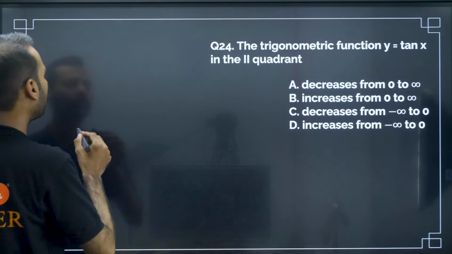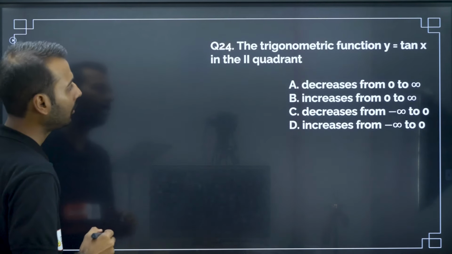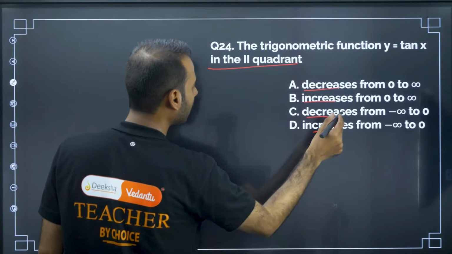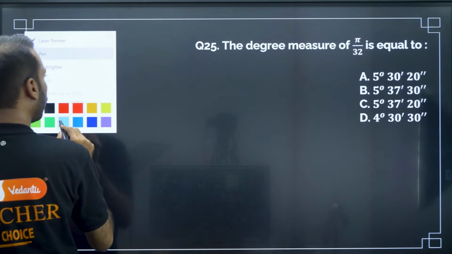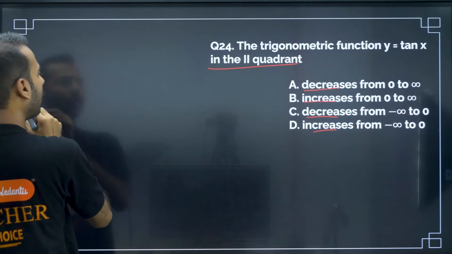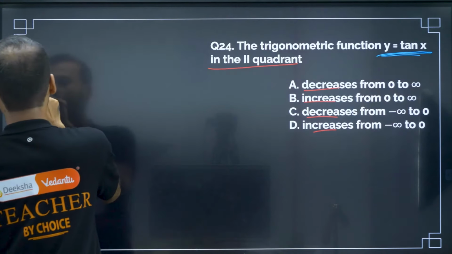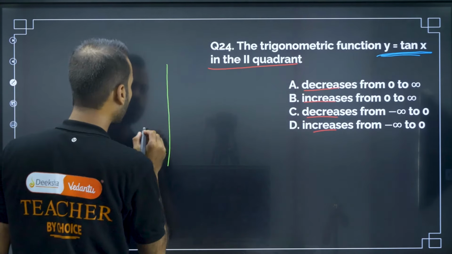The trigonometric function y is equal to tan x is given in a quadrant. What are they asking? Decreases, increases, decreases, increases. Whether this will increase or decrease, they are asking that. If you observe this question, y is equal to tan x. The moment you see y is equal to tan x, the graph should come to your mind.